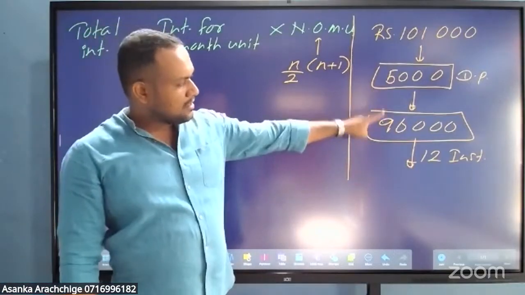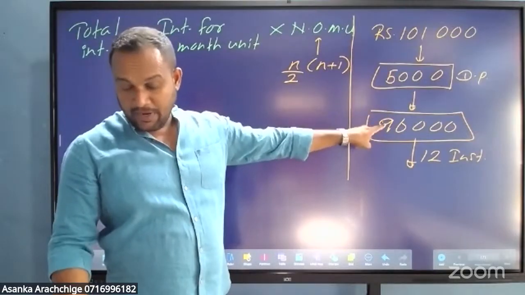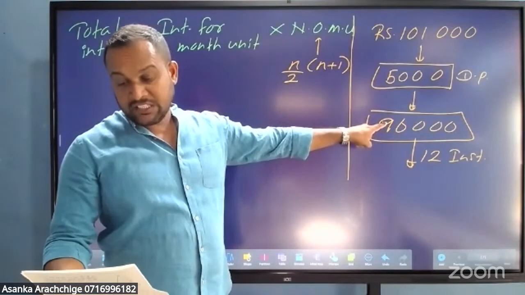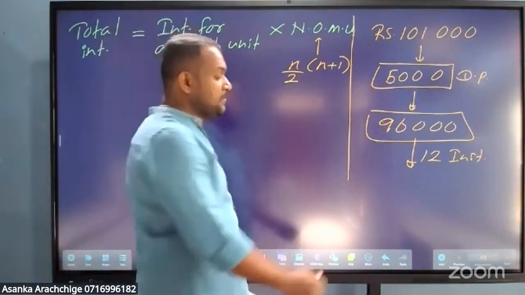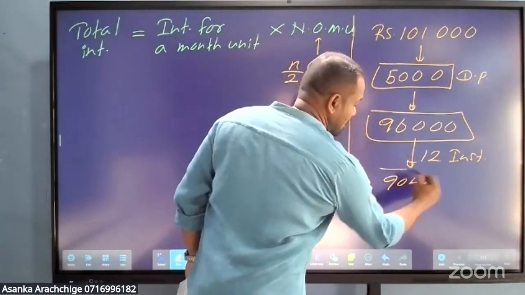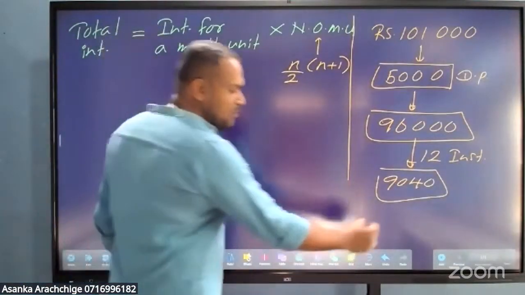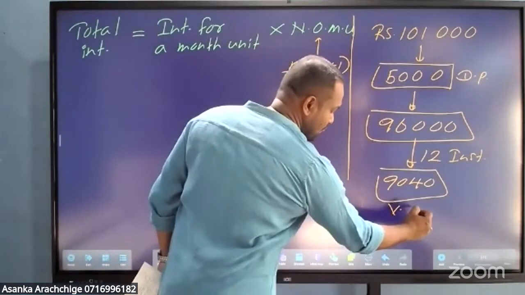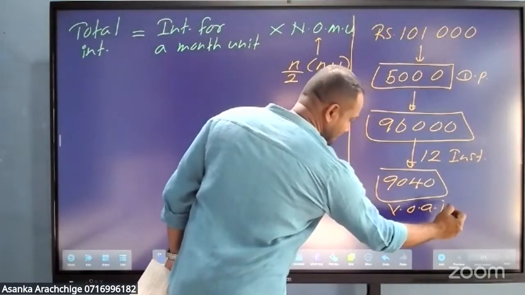This is the remaining loan amount. This person pays 9,040 rupee installment per month. This is the value of an installment.